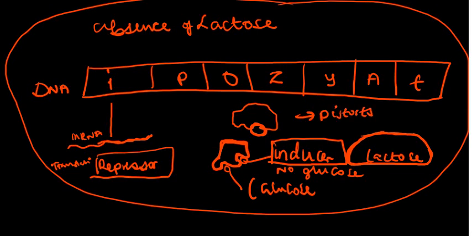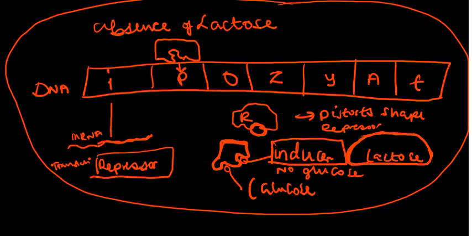So if the shape of the repressor has been distorted, even when it comes to bind here, the shape is something else, such that it will be unable to bind on the promoter site.